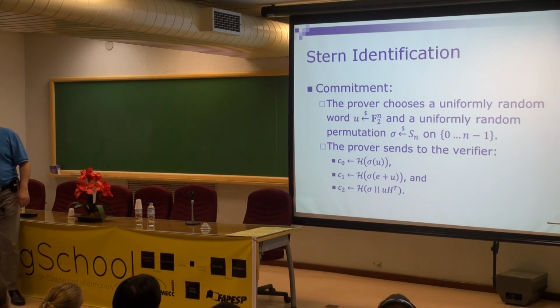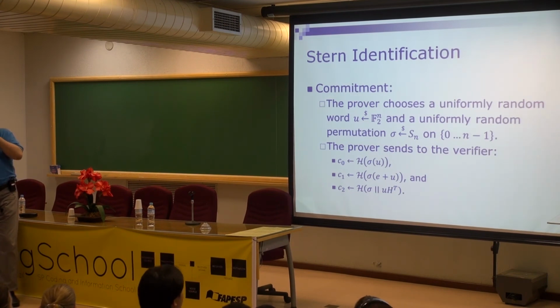Stern identification has 3 steps. It's a commitment: we will promise something. We are the people who want to prove that we know the error pattern E, so we'll make some commitment. Then the challenger will provide us with a challenge. Using that commitment and the challenge, we will answer the challenge.